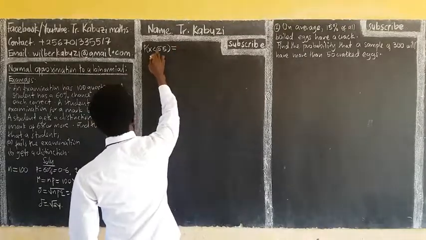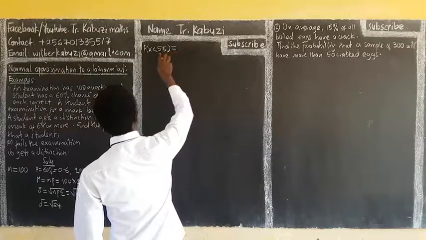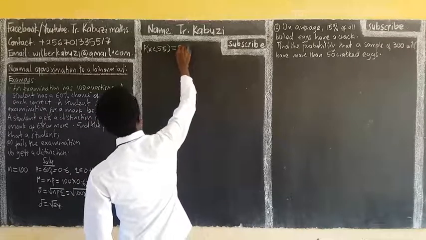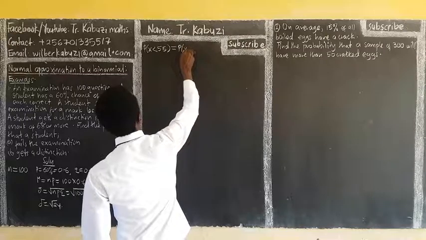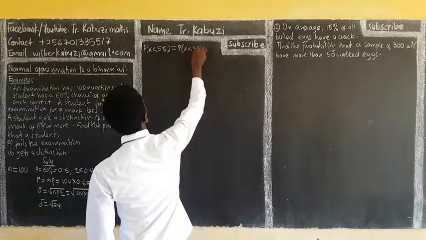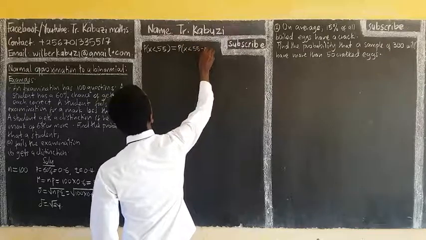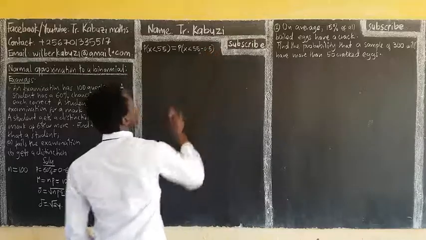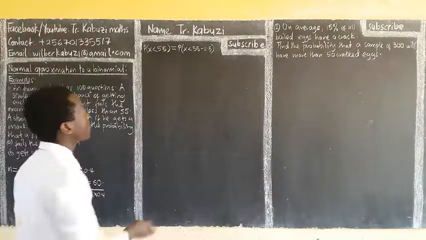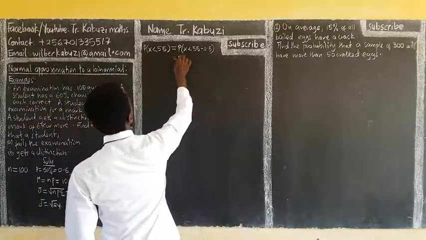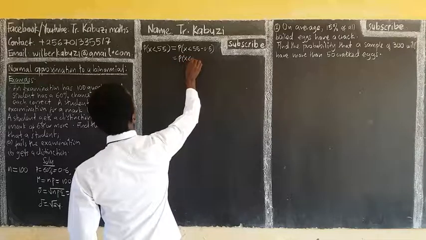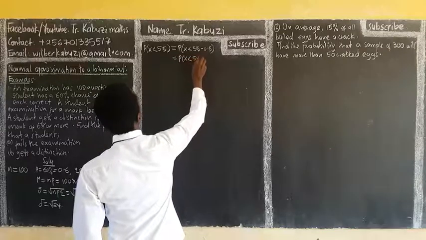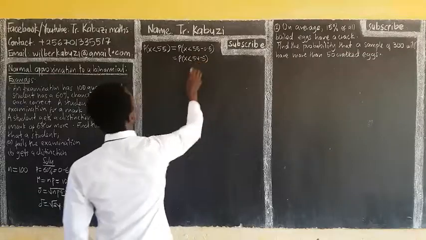We shall say if it's less than, then we subtract 0.5 from this. So this will be the probability of x less than 55 minus 0.5. This is what we call the continuity correction. And so this will be the probability of x less than 54.5.